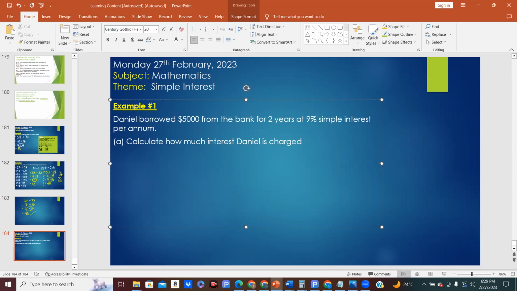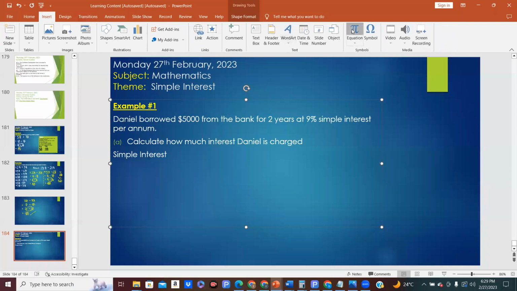So to do this, there's a formula, the simple interest formula, and it goes like this.